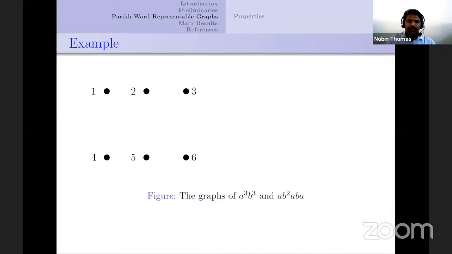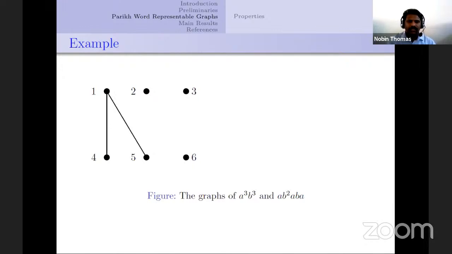Let us have an example. First of all, consider the word a cube, b cube. Here the vertices 1, 2, 3 represent the positions of the first 3 a's and 4, 5, 6 represent the positions of the b's, and we have a subword ab corresponding to the positions 1 and 4. Therefore, we have an edge, and we have a subword ab corresponding to the positions 1 and 5.